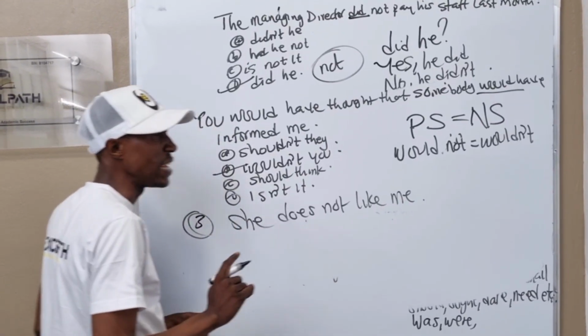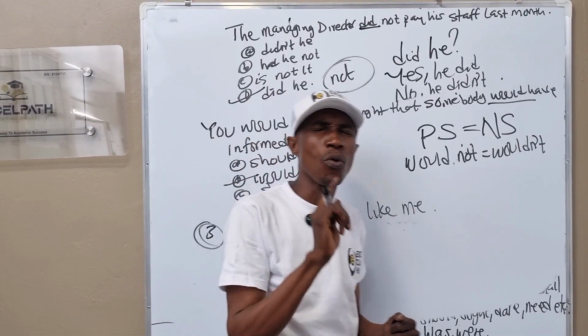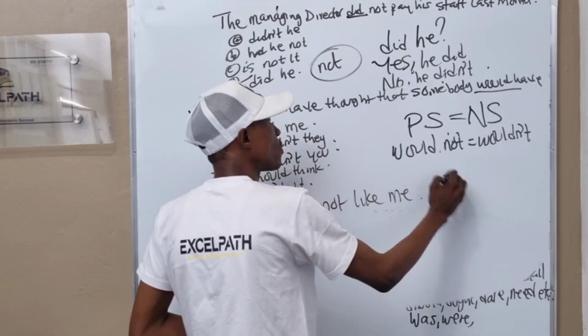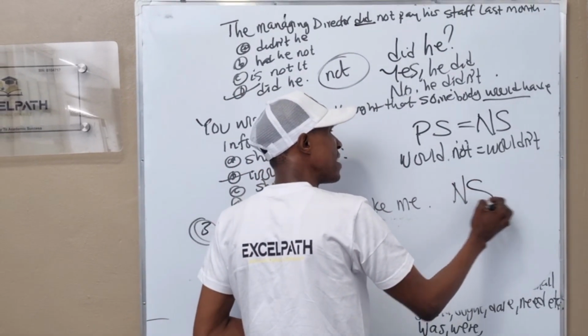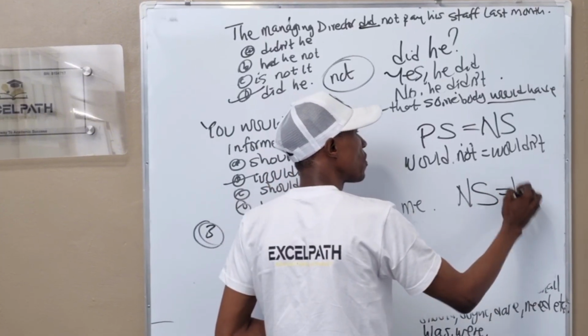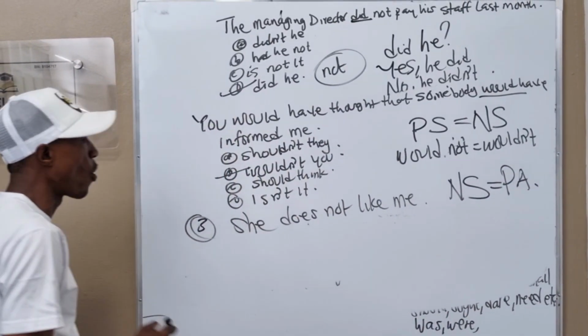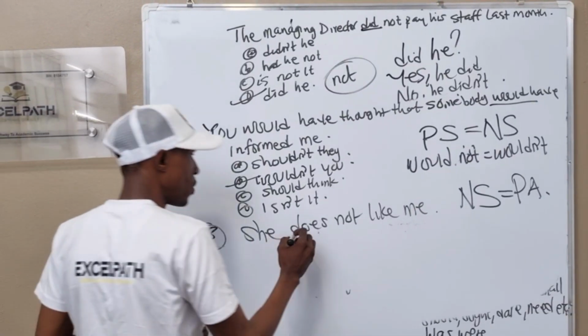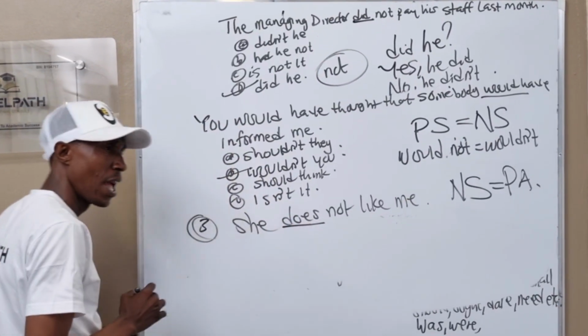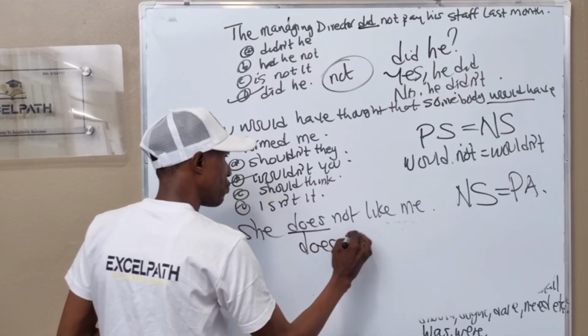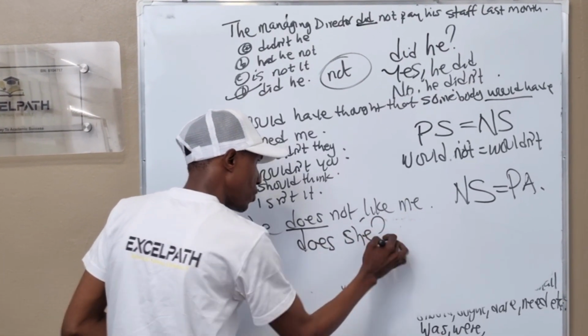The statement is negative. And when a statement is negative, it goes with a positive answer. And the auxiliary verb in this question is "does". And what is the pronoun here? "She". And it becomes "does she?" with your question.